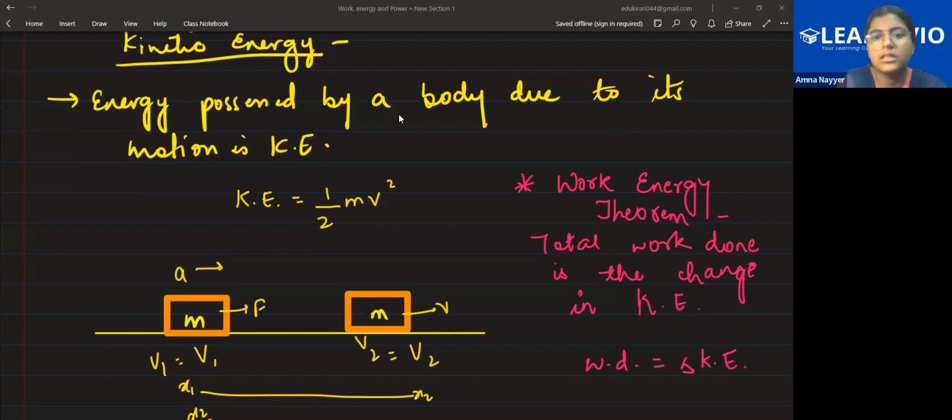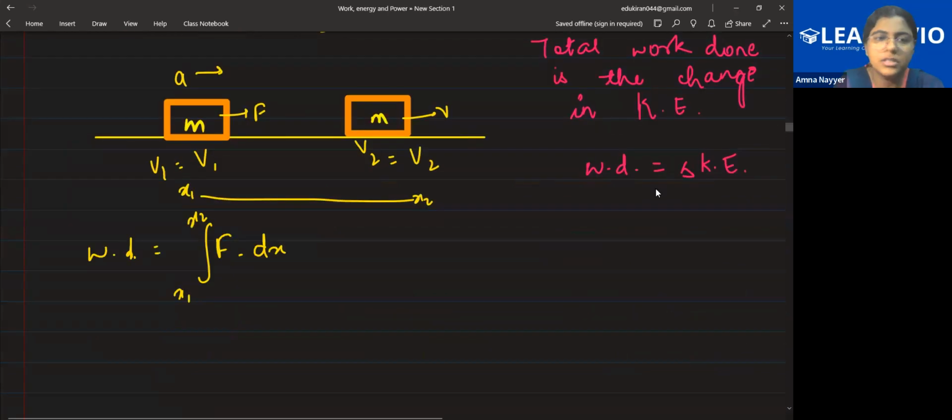Okay, good. Now let me start with this portion, basically a derivation for the kinetic energy. Mass m is moving from one point to another, initial velocity is v1, final velocity is v2, acceleration is a. Now, we'll write the work as the integral of F dot dx.